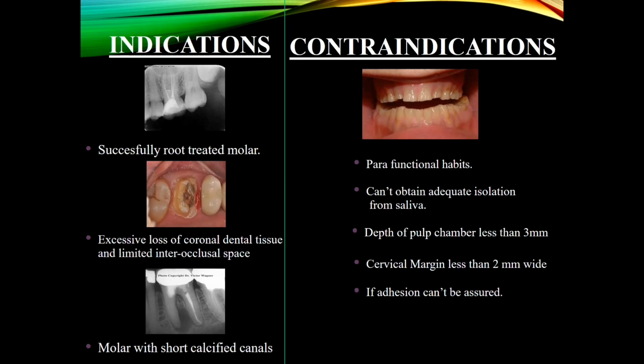To name a few contraindications, it is contraindicated in parafunctional habits like bruxism. Then in cases where we can't obtain adequate isolation from saliva, then in certain cases where the depth of the pulp chamber is less than 3 millimeters and the cervical margin is less than 2 millimeters wide. And finally, if adhesion can't be assured.